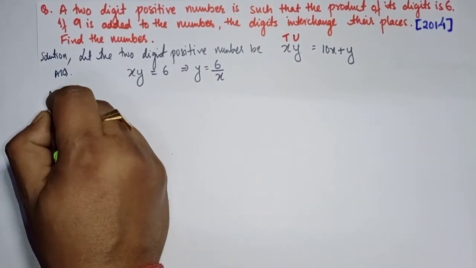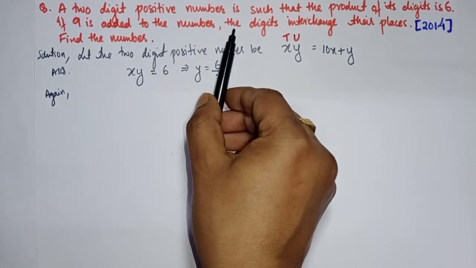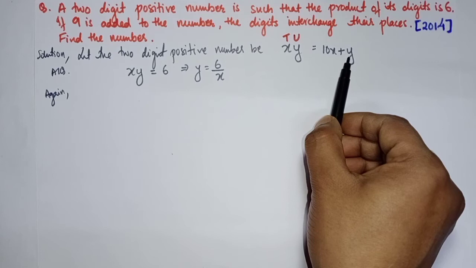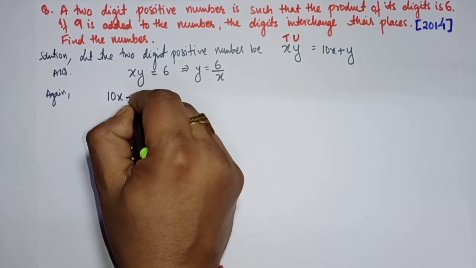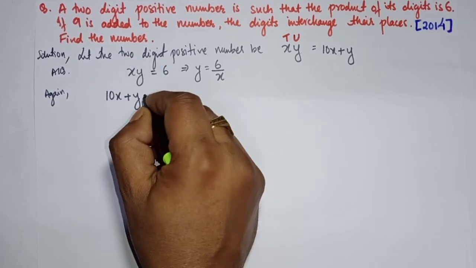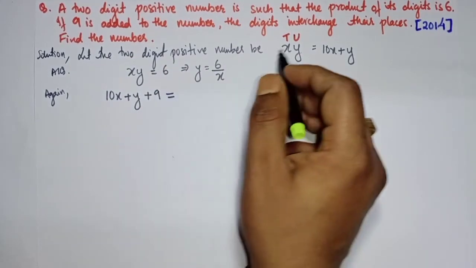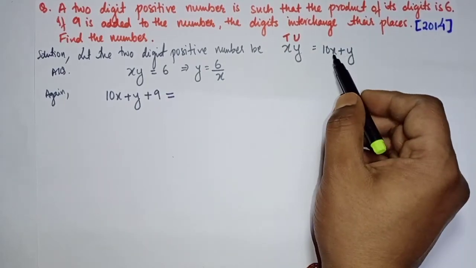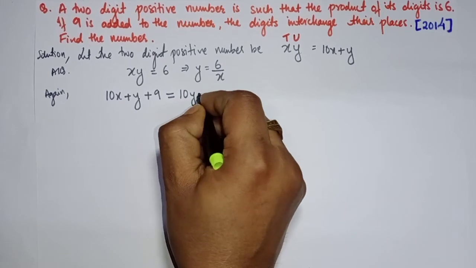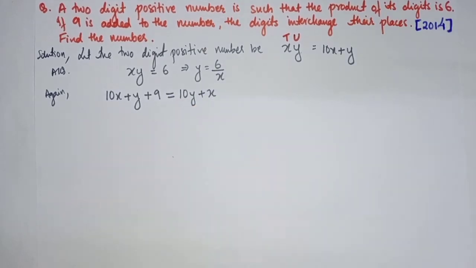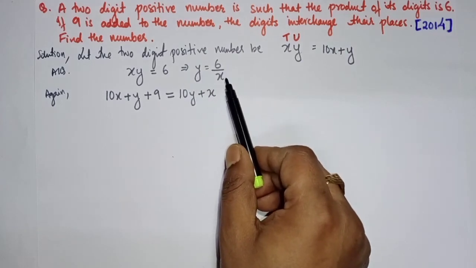Again, 9 is added to the number. The number is 10x plus y, and 9 has been added, equals the digit interchange, that means x becomes y and y becomes x, so 10y plus x. Instead of y, I'll put 6 upon x.